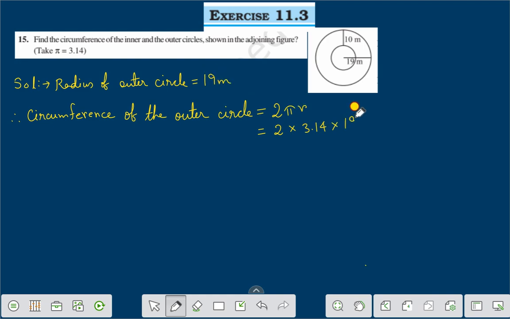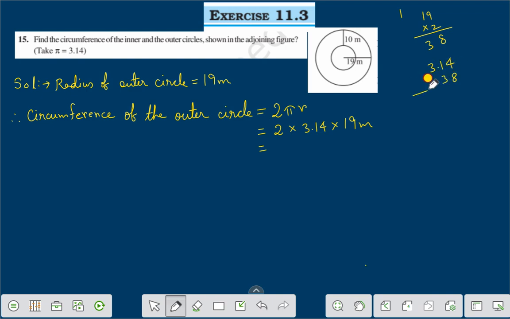If we multiply 19 into 2, 2 nines are 18, carry 1, 2 ones are 2 plus 1 is 3, 38. Now we multiply 3.14 with 38.